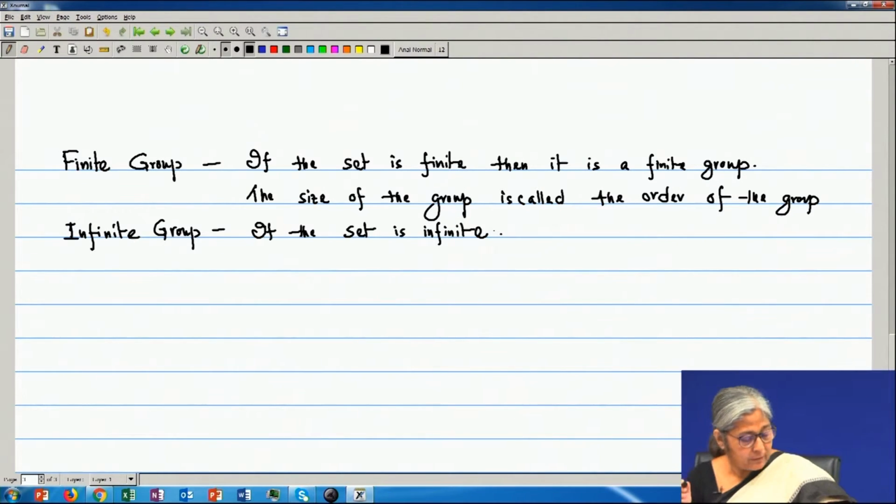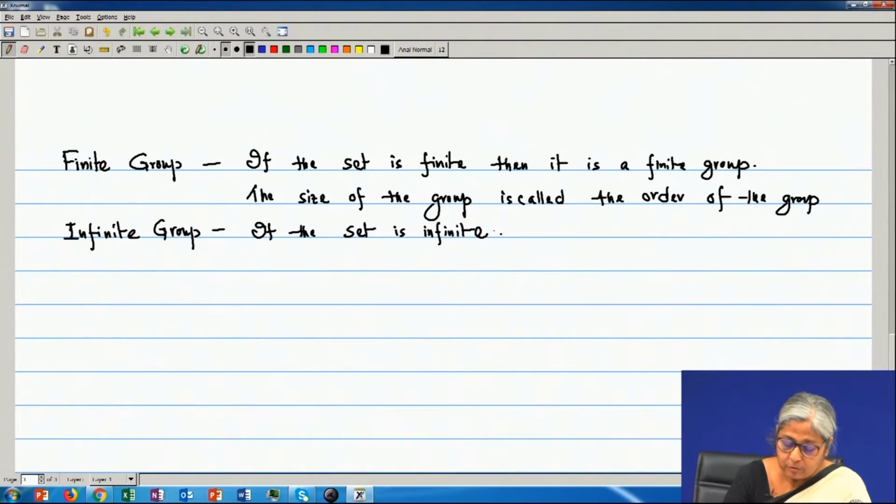Now, if we consider a set A, say we consider some properties of group we now study.